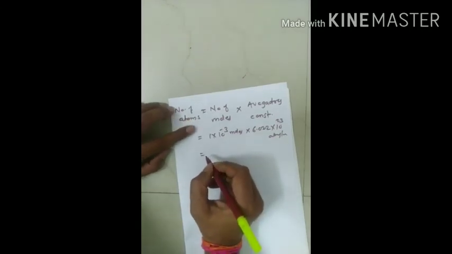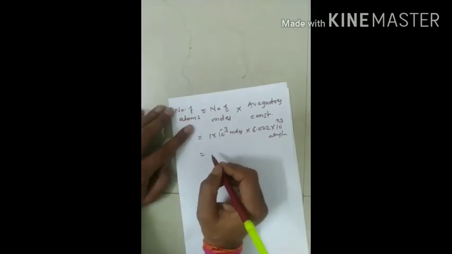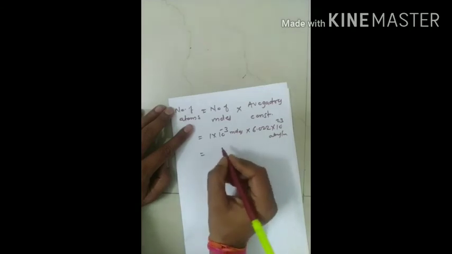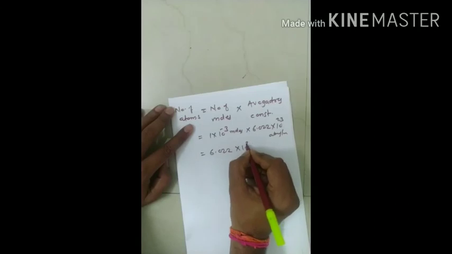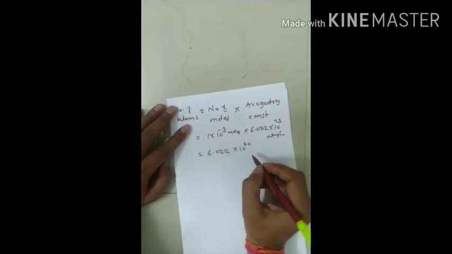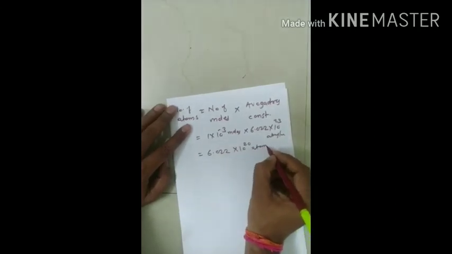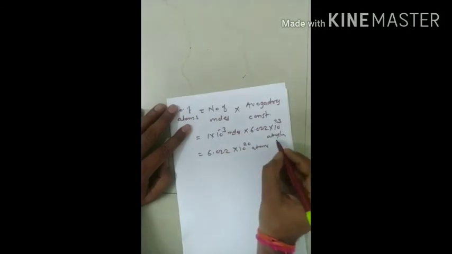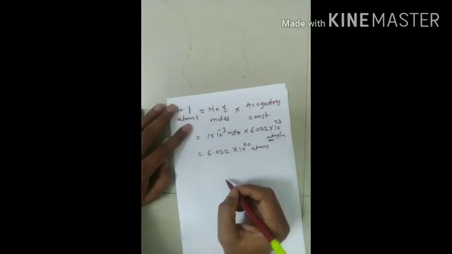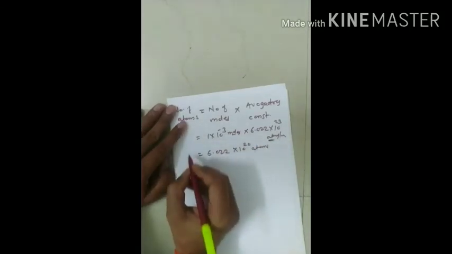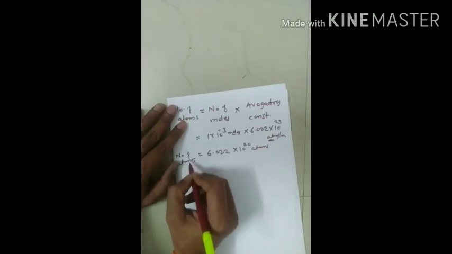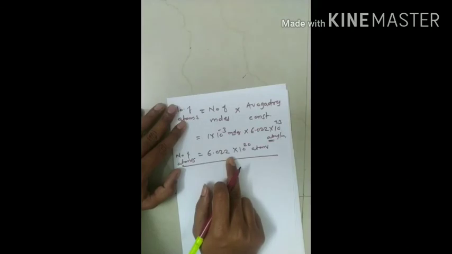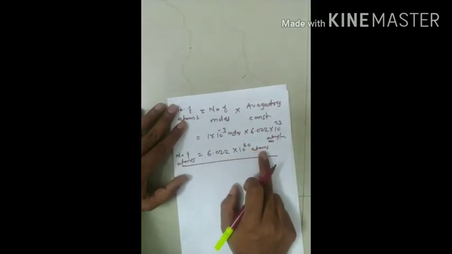So it becomes 6.022 into 10 raised to 20 atoms, because the moles get cancelled out and the atoms remain. That is our answer: the number of atoms is found to be 6.02 into 10 raised to 20 in 12 milligram of carbon.